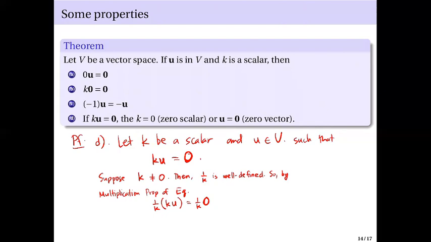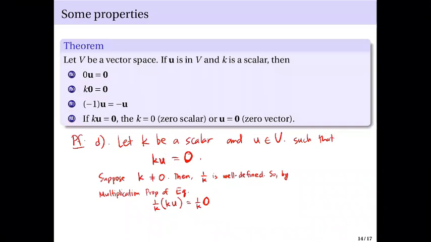Now, from this, we will use letter B. We skip the proof, but I'll be asking you to prove that on your own. So I'm just gonna use this. Anyway, we are proving letter D. So we are assuming that we have proven letter B. So 1 over k, it's a scalar.